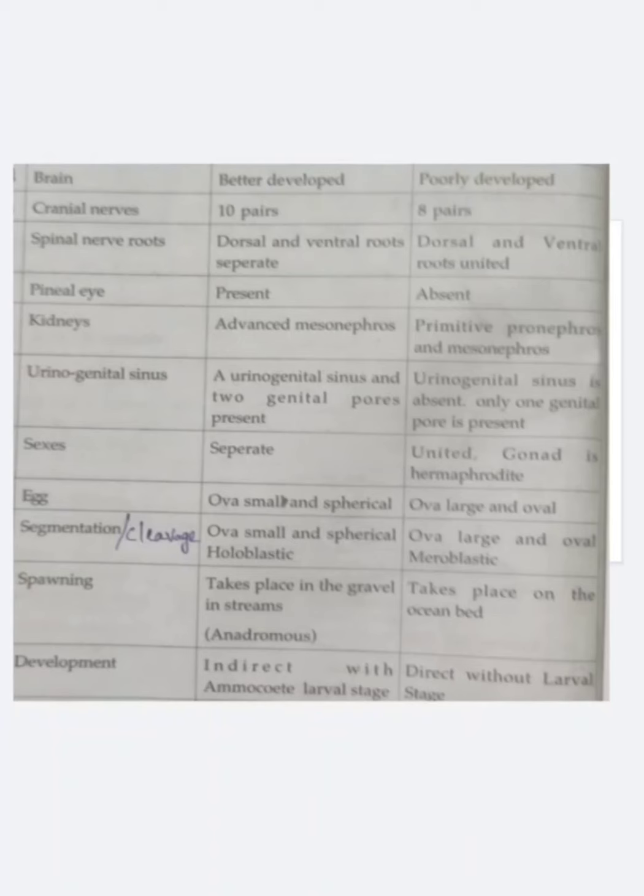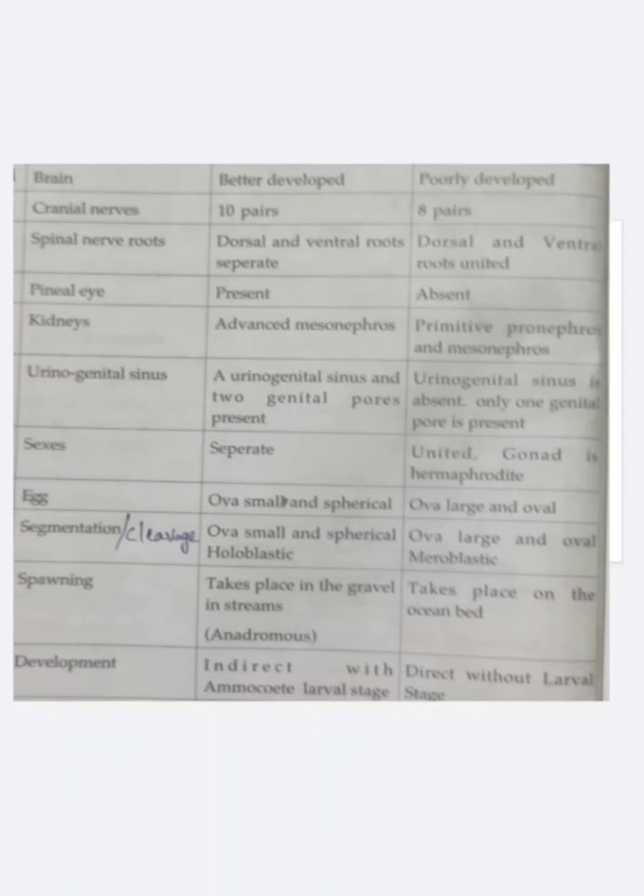And in Petromyzon the pineal eye is present, but in Myxine it is absent. When we see the kidneys, an advanced mesonephros is present in Petromyzon, and in Myxine there are only the primitive pronephros and mesonephros.